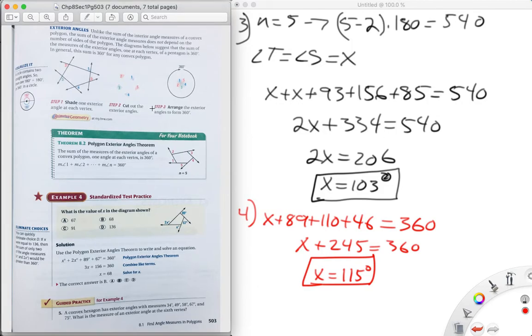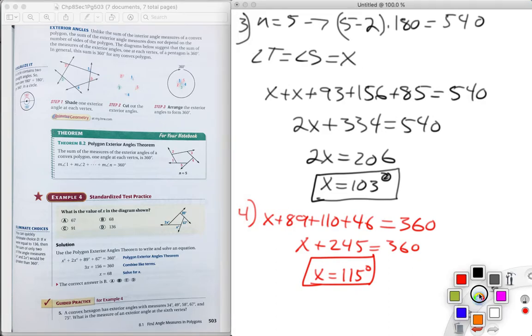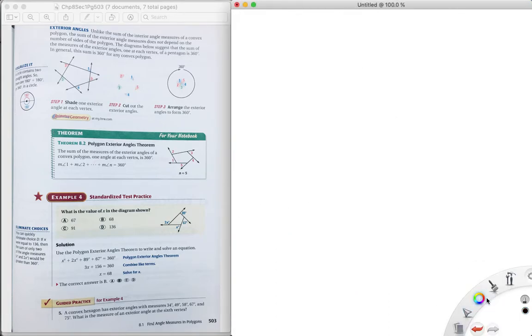Exterior angles of polygons. So let's say I have a quadrilateral, and this works for any polygon, no matter how many sides. Let's say this quadrilateral is a rectangle, so these angles are 90 degrees.